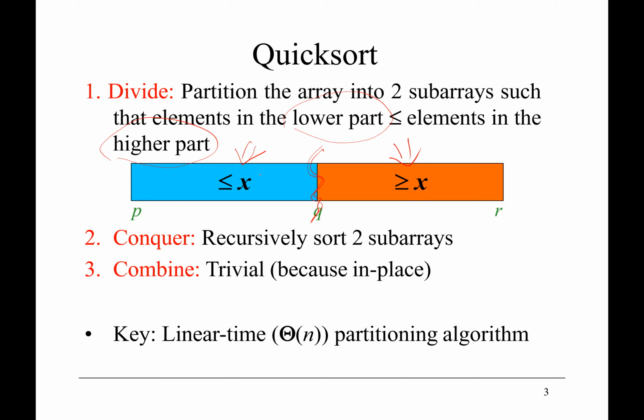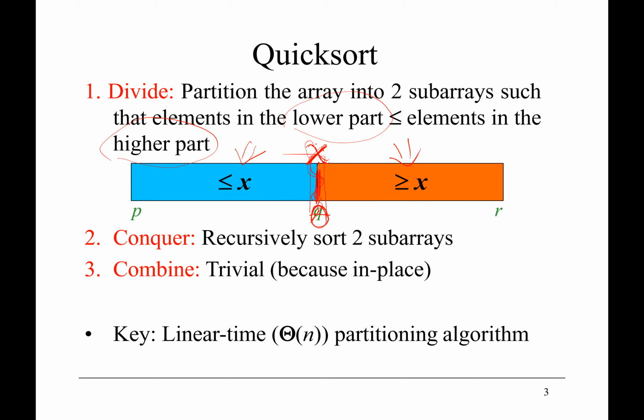The left part is always smaller than the pivot and the right part larger. So the pivot x will stay here, all the left part smaller than the pivot, and all the right part larger than the pivot. In that case, we place x, the pivot, in its correct position.